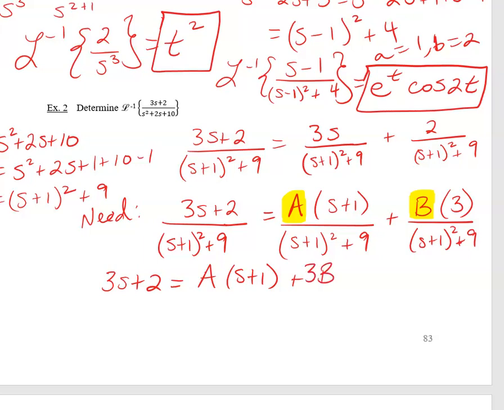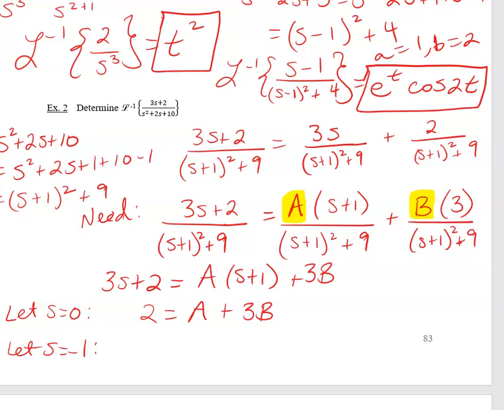So then remember, this has to work for any values of s. So I'm going to choose s equal to 0, I always like to start with 0 if I can. That gives me 2 equals a times 0 plus 1, so just a, plus 3b. So that's one of my little equations here. And then let's suppose that s equals -1. If s is -1, what happens to this a term?